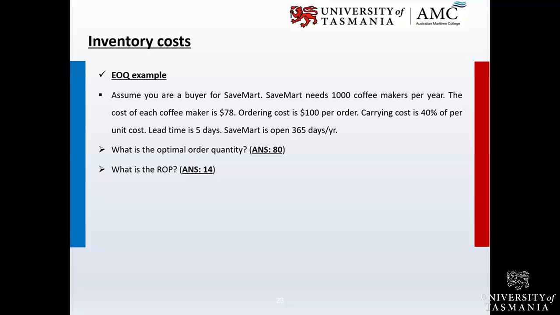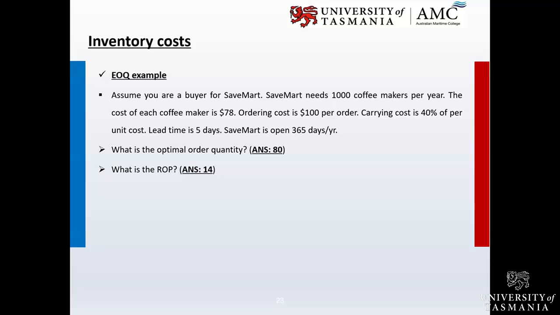So daily demand equals 1,000 divided by 365 days. So it will be around 2.74. And then the reorder point equals daily demand times lead time. So it equals 2.74 times 5. It will be 13.7, or you can round it up to 14 units.